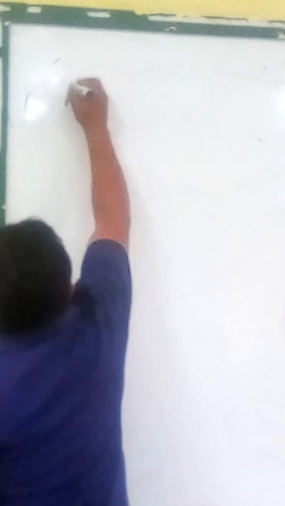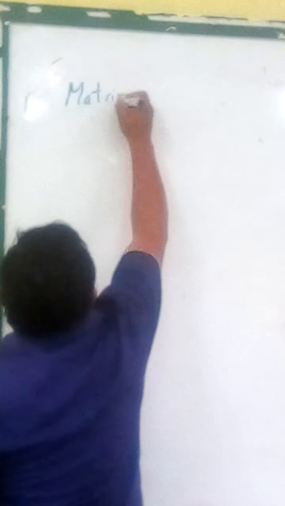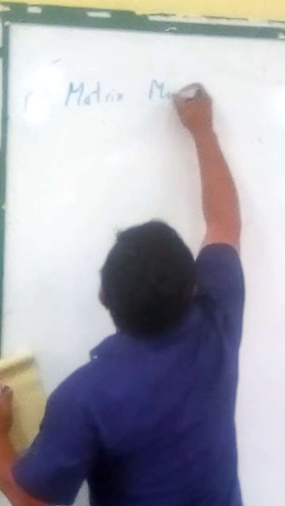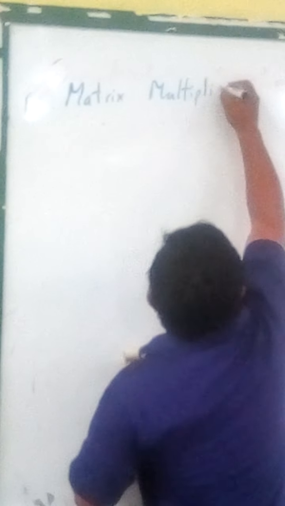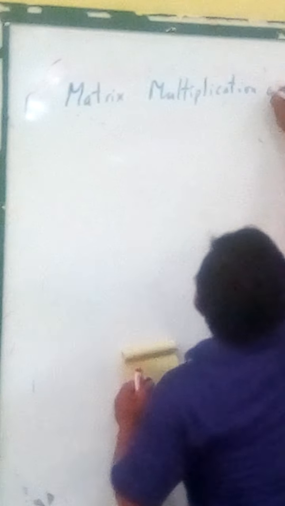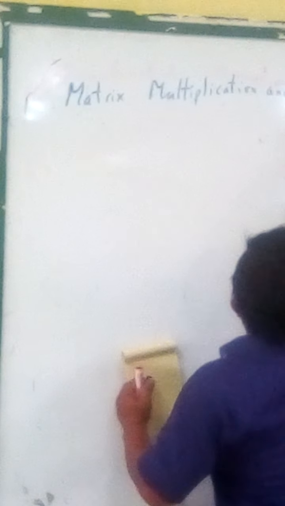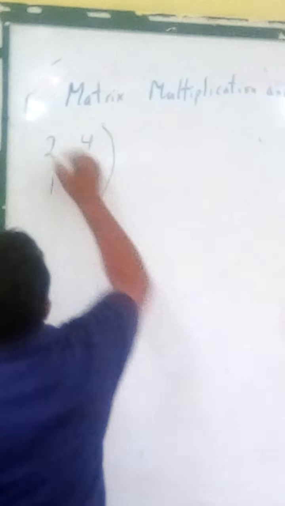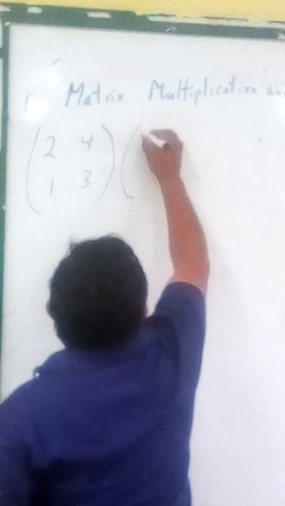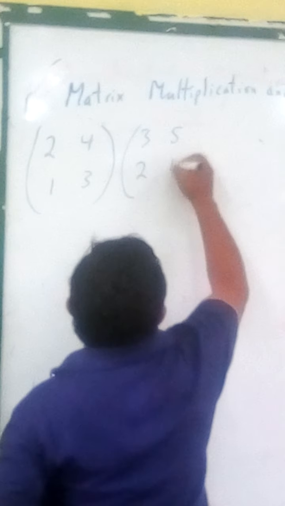At high school, you will only need to do up to 2 by 2 matrix multiplication, not 3 by 3 or a big size, and division, what you call the inverse. The matrix we will be multiplying is 2, 4, 1, 3 times the matrix 3, 2, 5, 1.